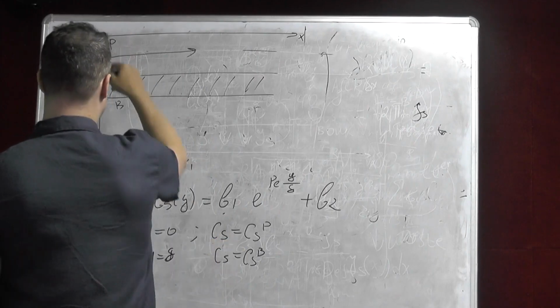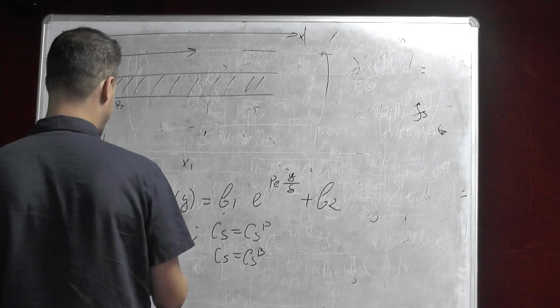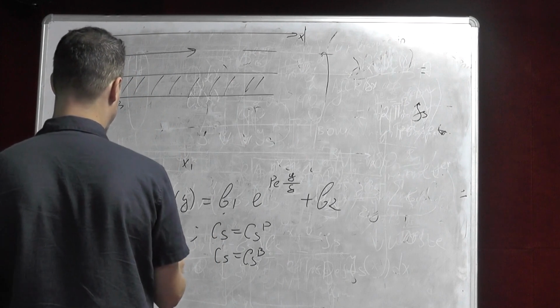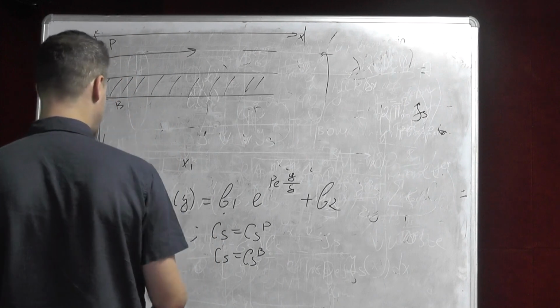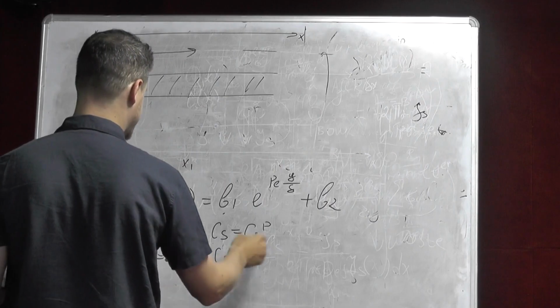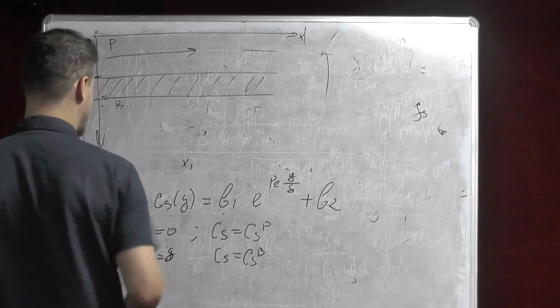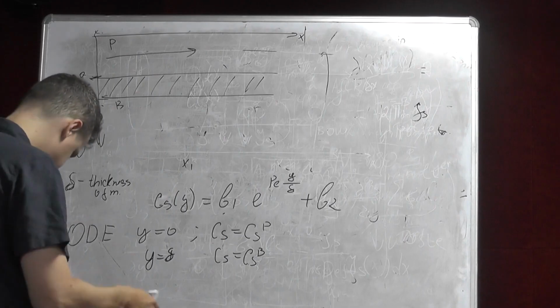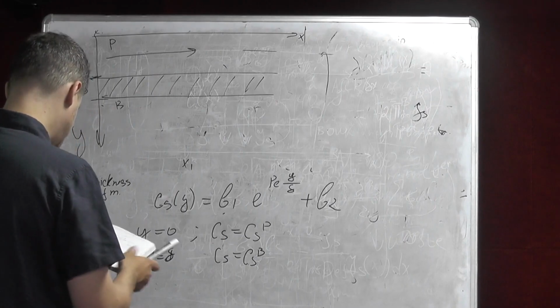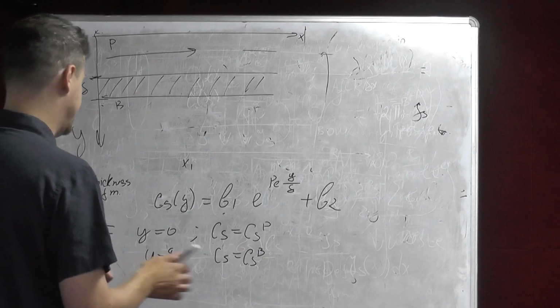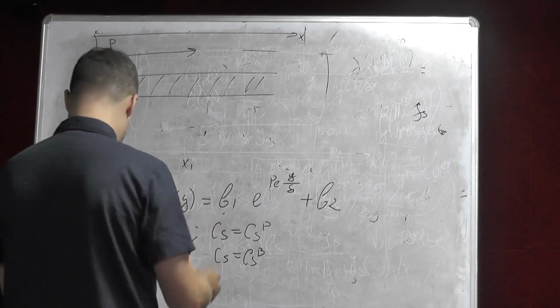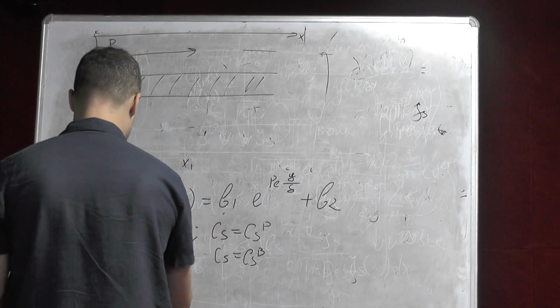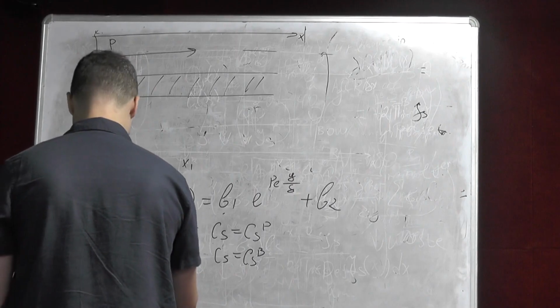And when we cross the membrane, so y equals delta, the concentration of the solute will be equal to the concentration of the solute in the Bowman space. Considering these conditions, the constants will be described as follows.